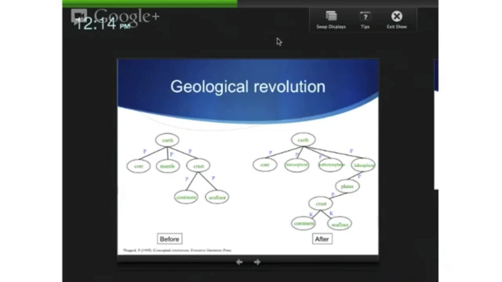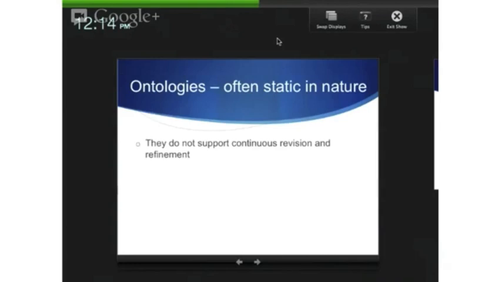Now let's talk about how ontologies deal with these changes and how well they do it. If we look at current practices, ontologies are often static in nature, and they do not support this continuous revision and refinement of categories. The reason it's hard to support this revision is the complexity behind the implications of change.